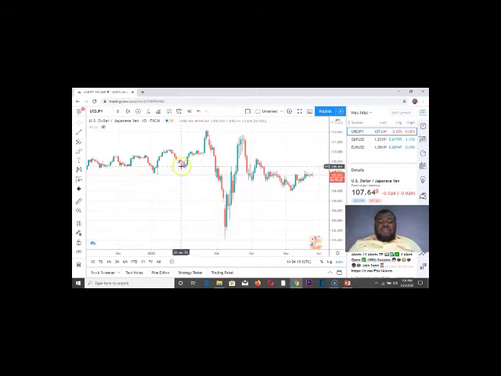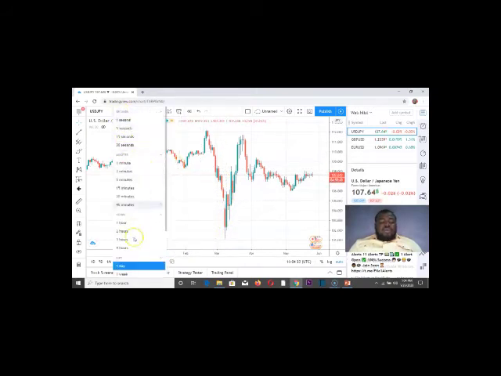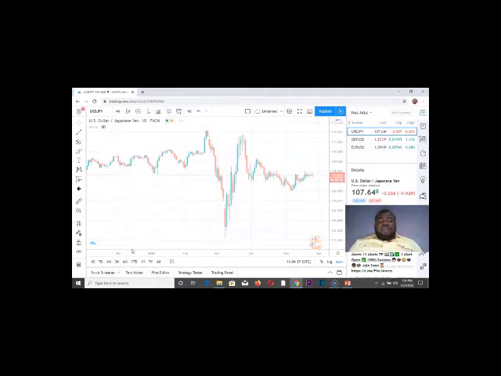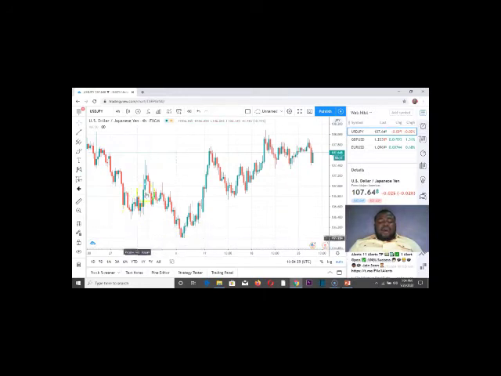You could look out for a 4 hours chart, and there you have it. So different candlestick patterns, different candles, different time frames as well.